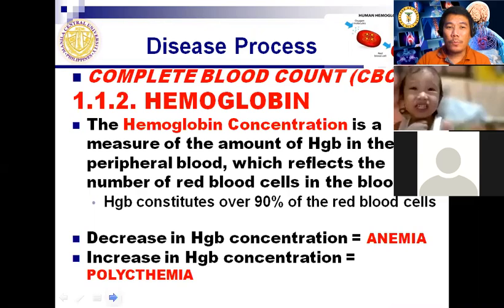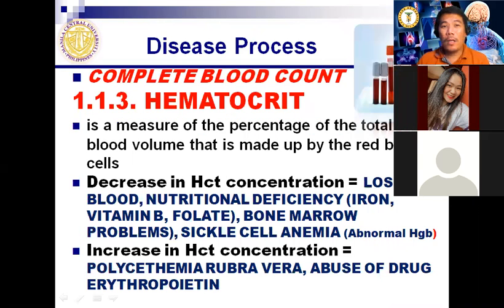So these are the possible interpretations when it comes to hematocrit. As I told you, hemoglobin is associated with oxygen carrying. So if there is a decrease in the RBC, it may have a direct, obvious result of decrease in the hemoglobin, since we mentioned it is 90% of its component.